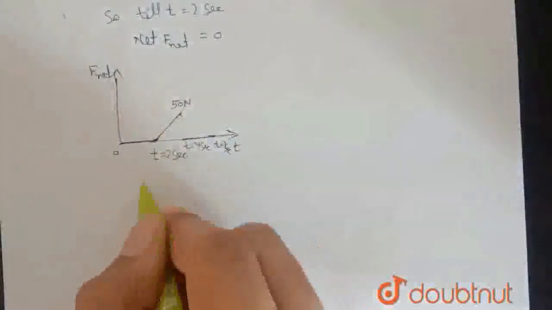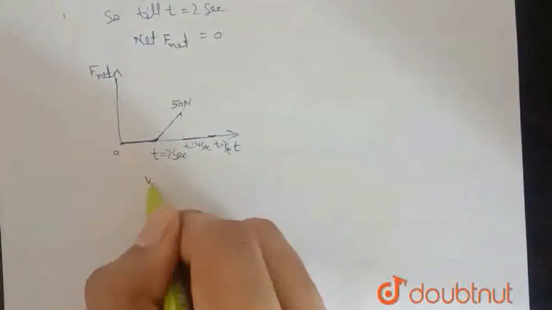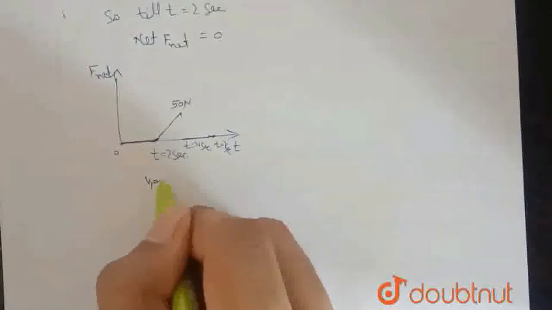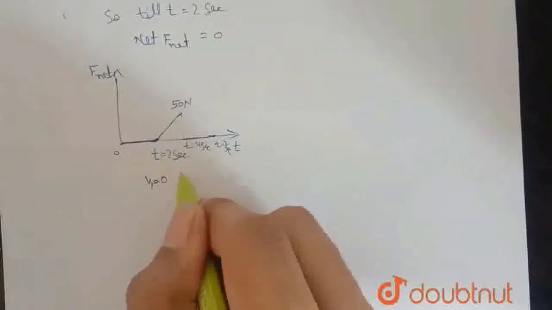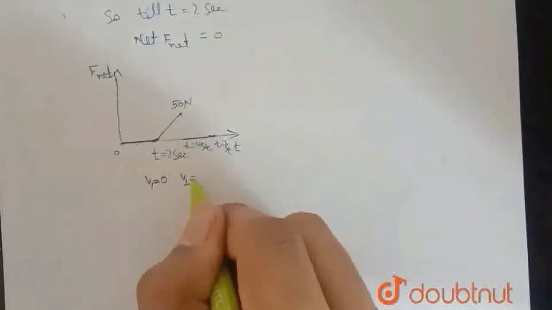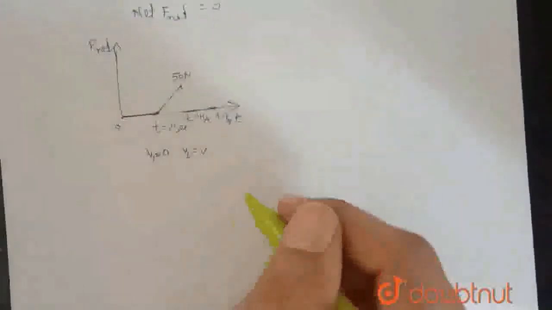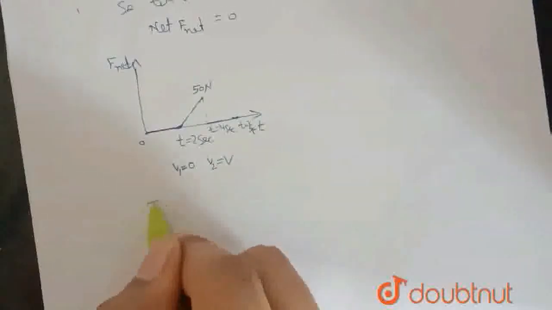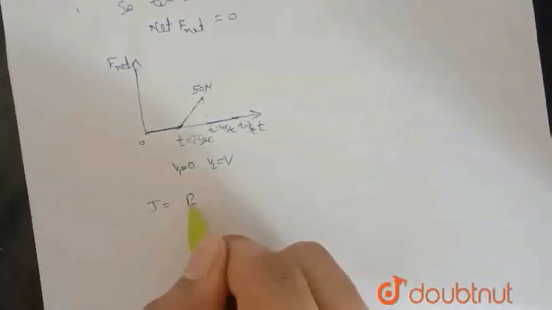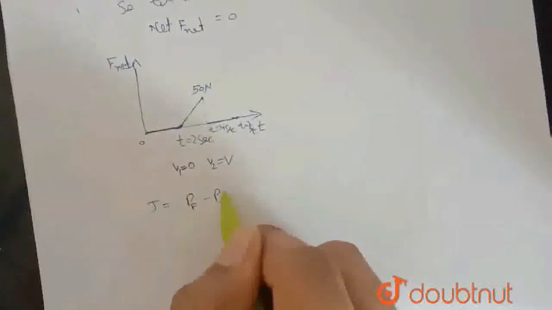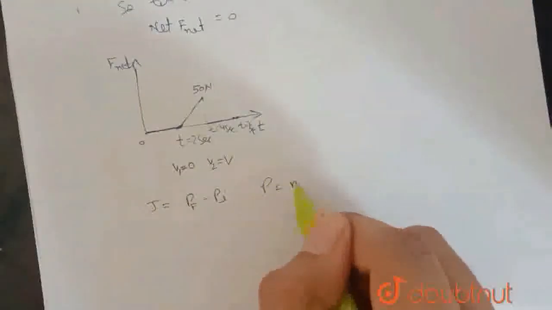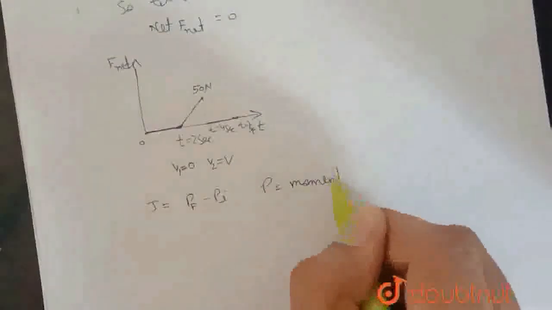As we know, at t equal to 2 seconds, there is no motion. Let at t equal to 4 seconds, velocity is v. Now impulse equal to P f minus P i, where p is momentum.